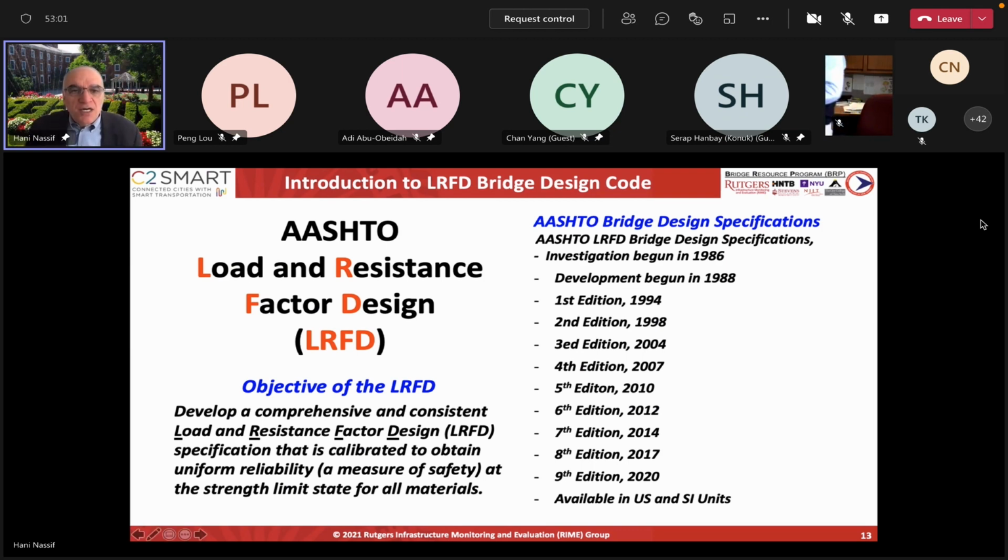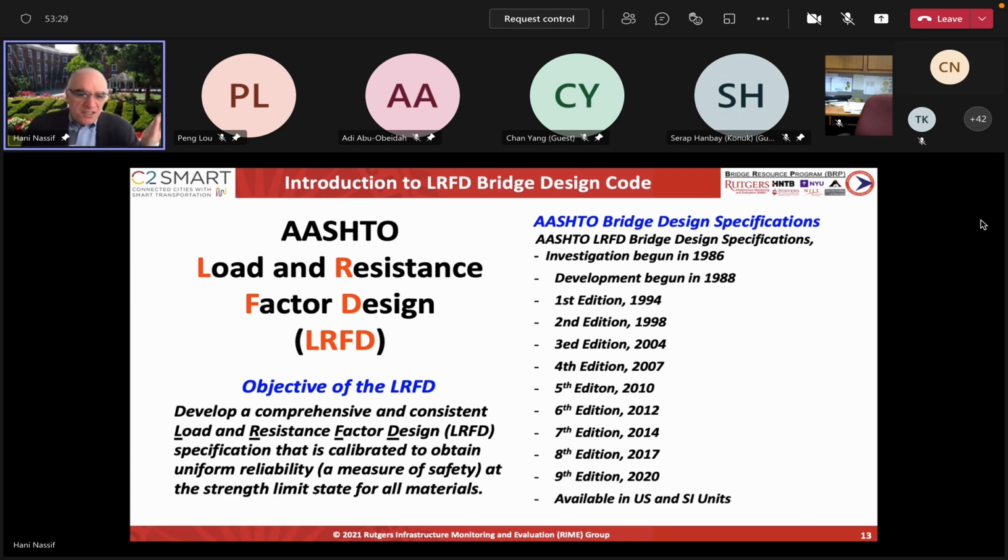However, the shear part was handled by Professor Collins. It was the first time that we adopted the modified compression field theory, which we will talk about a lot today, for shear. That was a big improvement over the VS plus VC approach that's still adopted by the ACI.